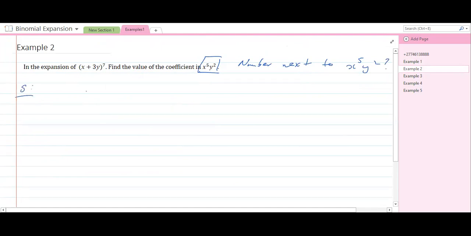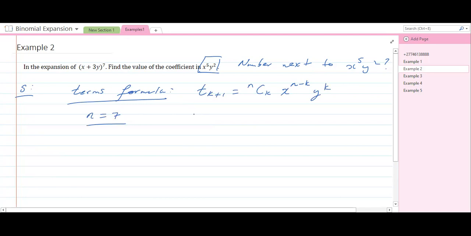So the solution, we know that the terms formula is t k plus 1 is equal to n choose k x to the power n minus k y to the power k. In this case, n is equal to 7. Remember, k goes from 0 to n, so you actually end up with n plus 1 terms.